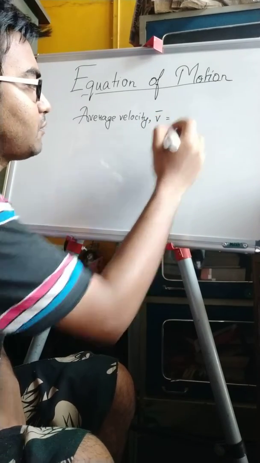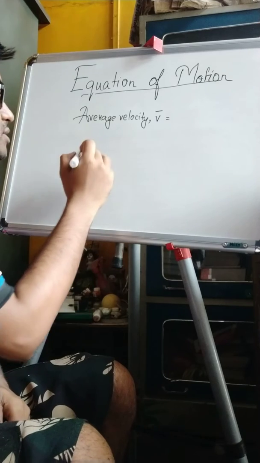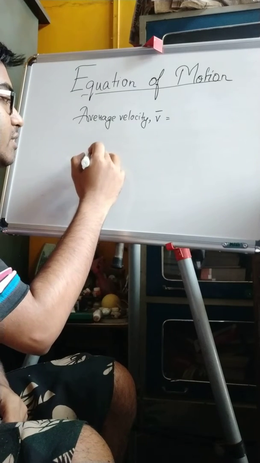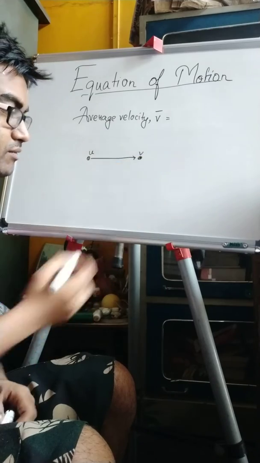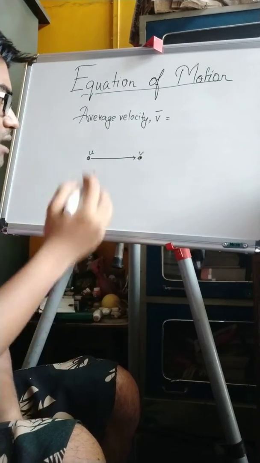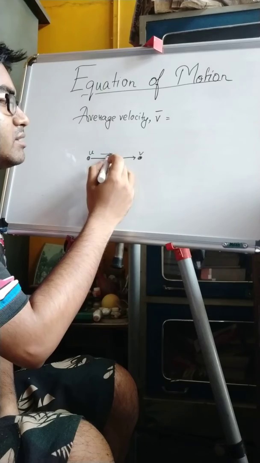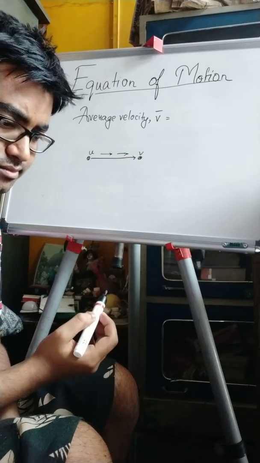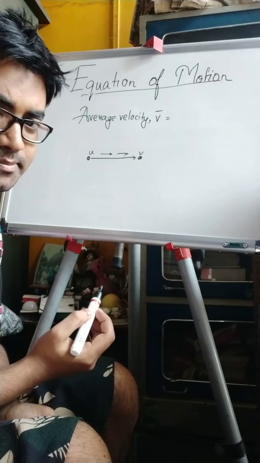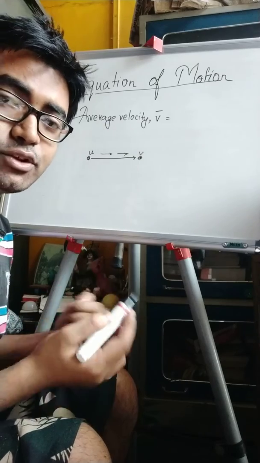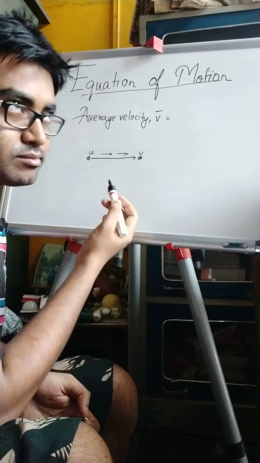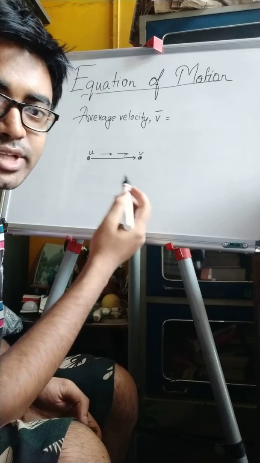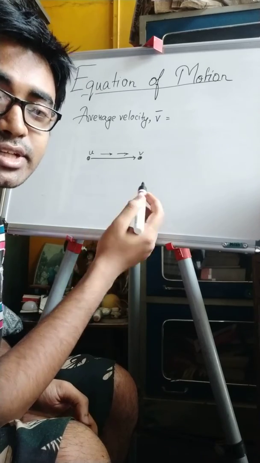Now, if we consider that an object is traveling with a certain initial velocity and it has a final velocity, and the velocity is changing with respect to time, but it is changing at a uniform rate. Like in 1 second it is 1 meter per second, in 2 seconds it is 2 meters per second, in 3 seconds 3 meters per second.